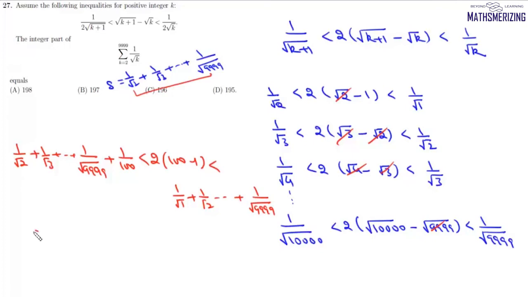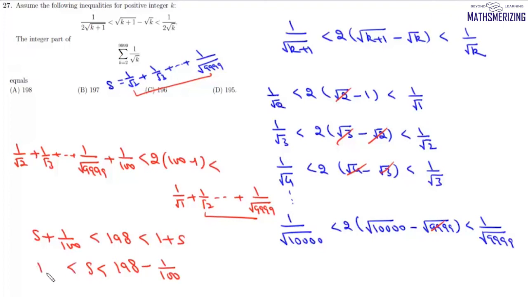Now 1 upon root 2 up to 1 upon root 9999 is nothing but S. So we can write S plus 100 is less than 99 into 2, 99 into 2 is 198, and it'll be less than 1 plus S. Now from here we can write S is less than 198 minus 1 by 100, and S is greater than 197.